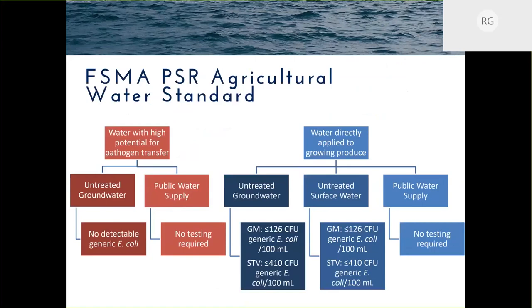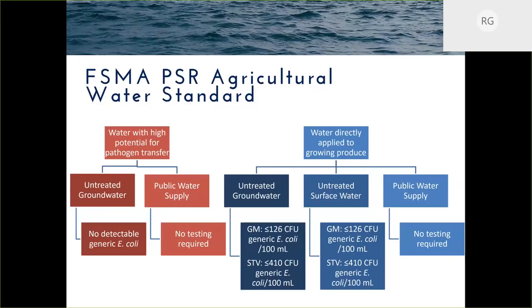This is water with high potential for pathogen transfer, and this is water that has also high potential for human contact. This means water that's used for things like hand washing, food contact surfaces, making ice during or after harvest, and sprout irrigation. The only types of water that can be used for these types of uses are groundwater and water that's publicly supplied. There can be no detectable E.